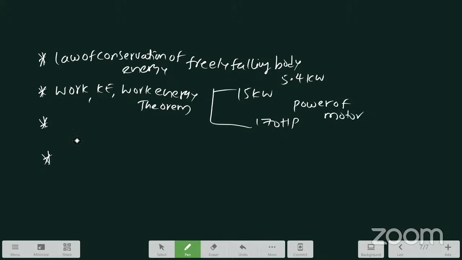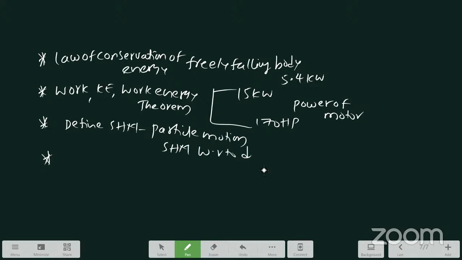Next, define SHM. Particle motion in SHM with respect to diameter: when a particle moves in a circular path, the particle's projection is in SHM. Problem 5/4 radians. Sorry, 4 plus 2, 6, because you are reading only 4 out of 6.